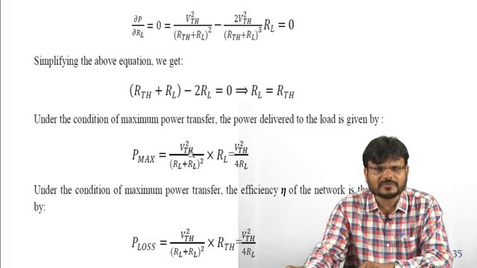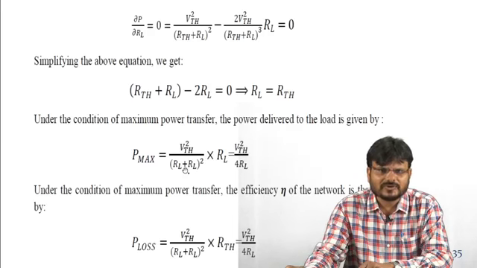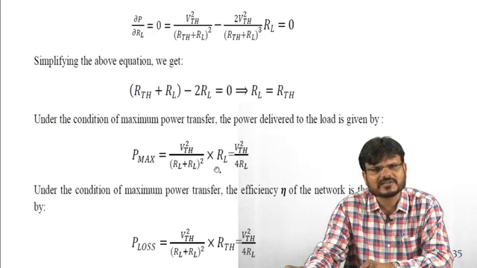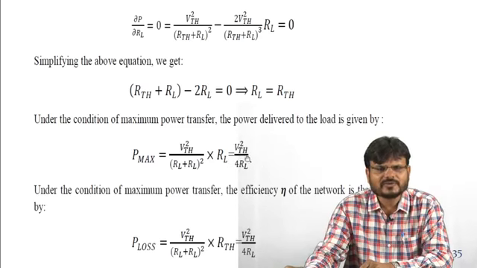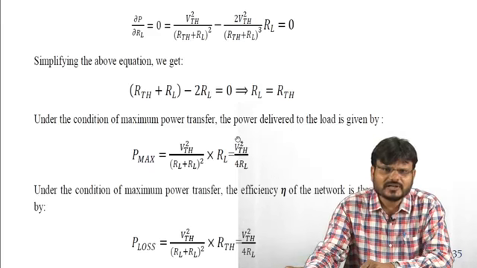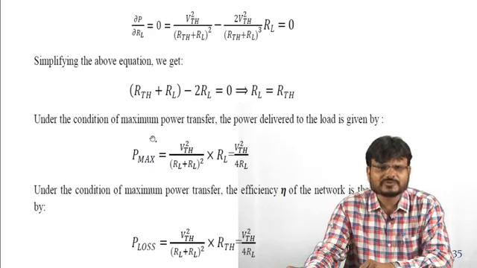P max is equal to E_TH square upon (R_L plus R_L) square into R_L. This is 2R_L, and 2R_L square means 4R_L square. So E_TH square upon 4R_L square into R_L. So R_L square will be cancelled by the R_L. So P max is equal to E_TH square upon 4R_L.